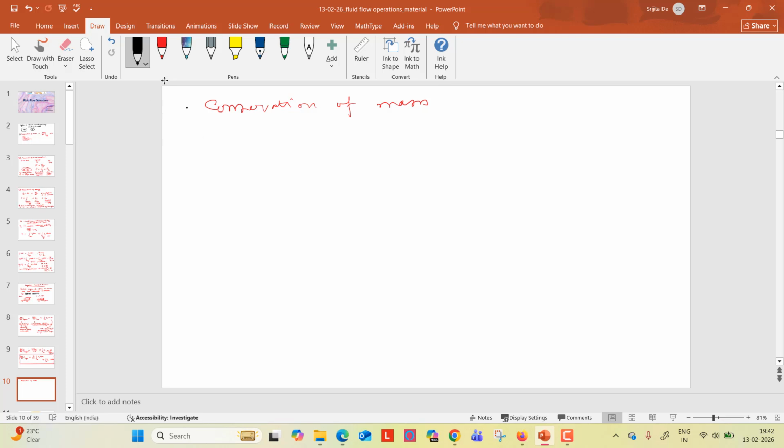We have seen that dm/dt equals 0, and N is equivalent to m and eta is equivalent to 1, right?